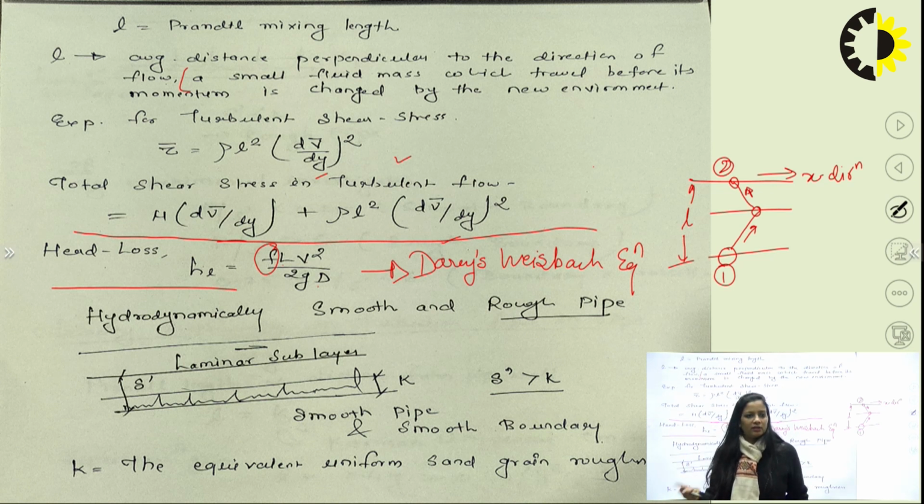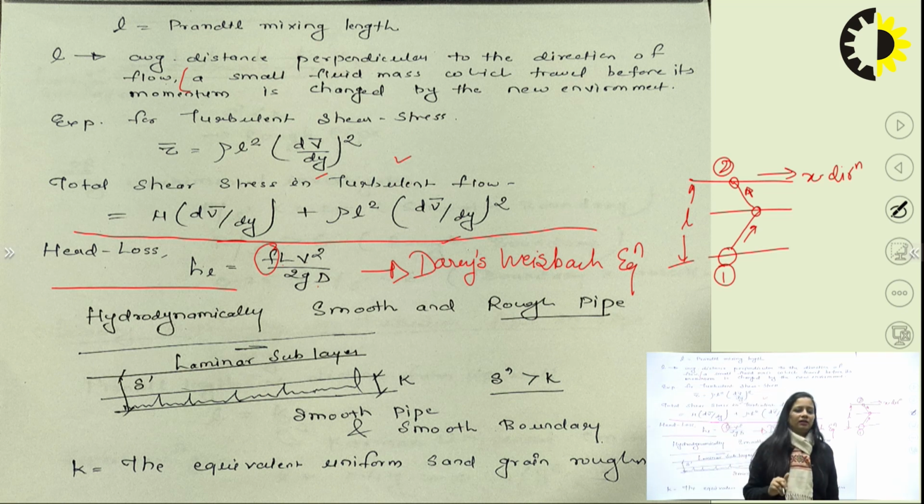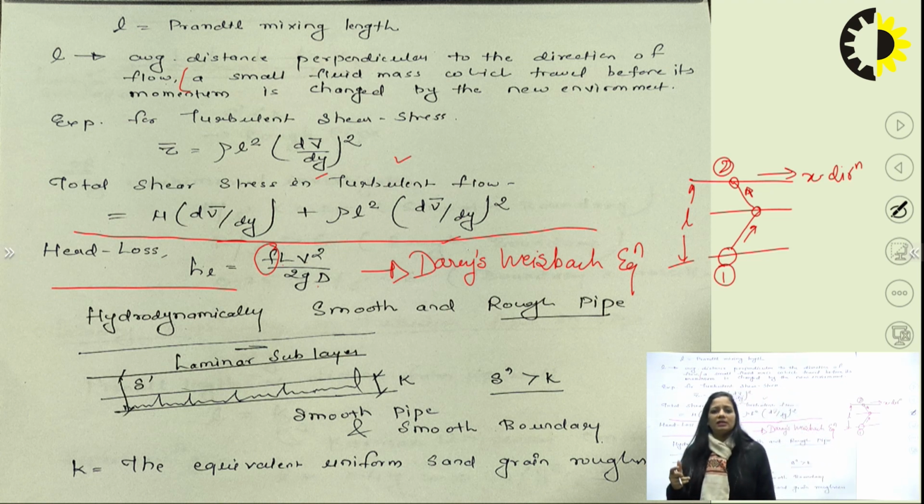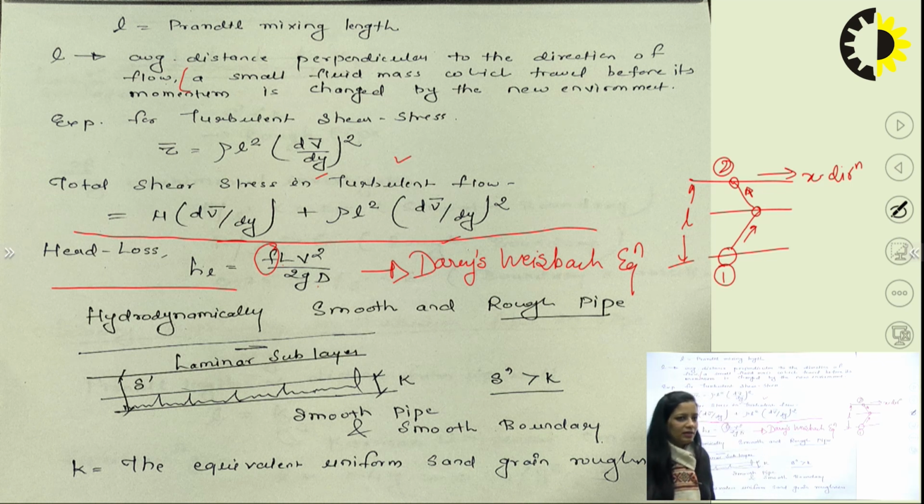If it looks rough, we say it is a rough pipe, simple. But how do we technically define it in fluid mechanics? On the basis of the laminar sublayer. What is the laminar sublayer? The laminar sublayer is a zone where we consider that the flow properties are equal to the properties of a laminar flow.